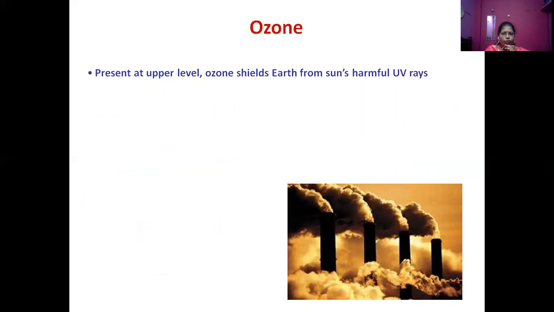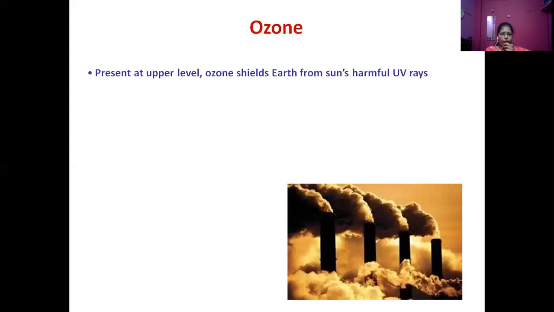Then, as we know, ozone in the stratosphere is good for the environment, but if it is present in the troposphere, it is not good. It is considered a pollutant.